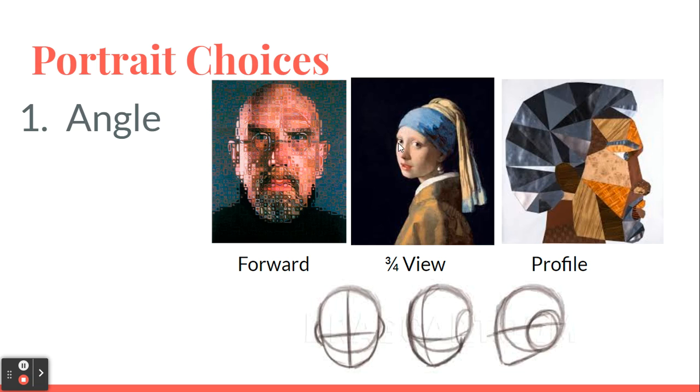You see the eye, but it's at the very edge of the face. You see the lips, but it kind of goes off to the side. And the video will show you how to foreshorten, or make it look shorter, so it looks like it's turned away. A profile view is the exact side of your head. So that video will show you how to shape the general mouth, nose, and forehead of your head.